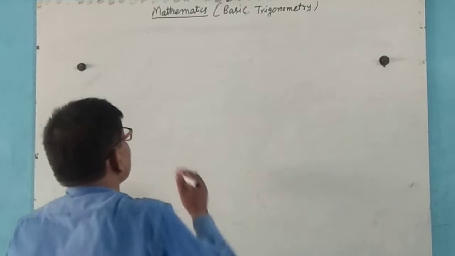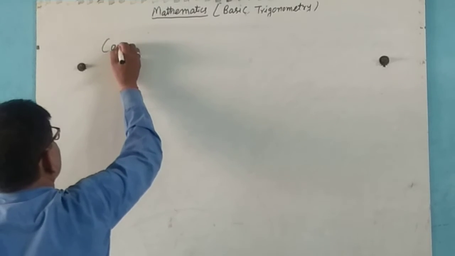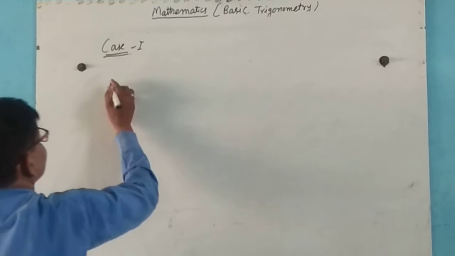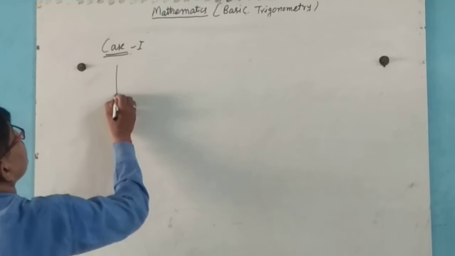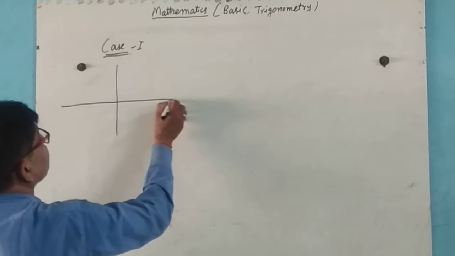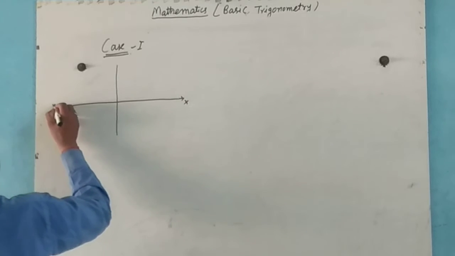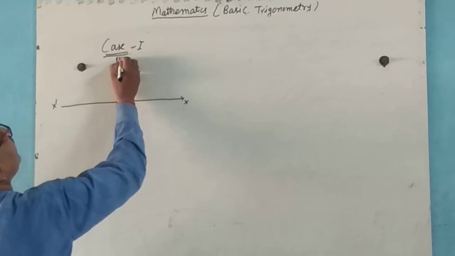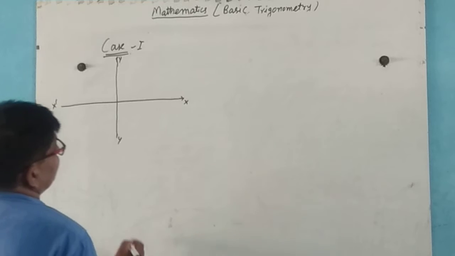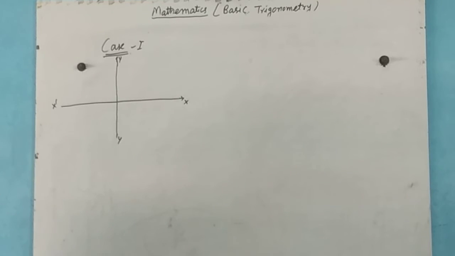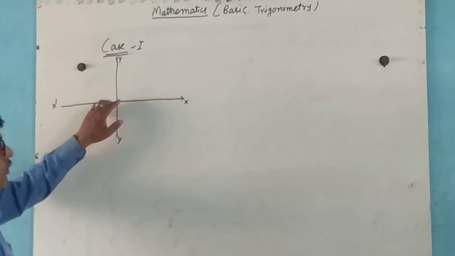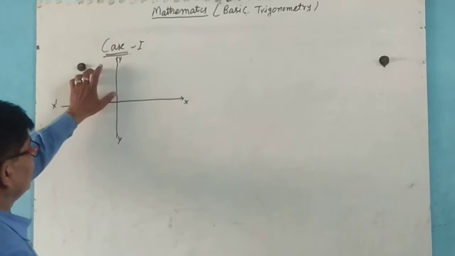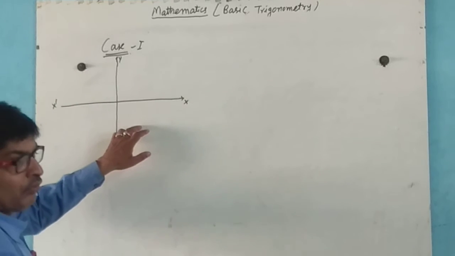Now here are some cases. Case first: this is x dash, and this is y and y dash. Now this is the origin, and we count this. This is known as quadrant: first quadrant, second quadrant, third quadrant, and fourth quadrant.